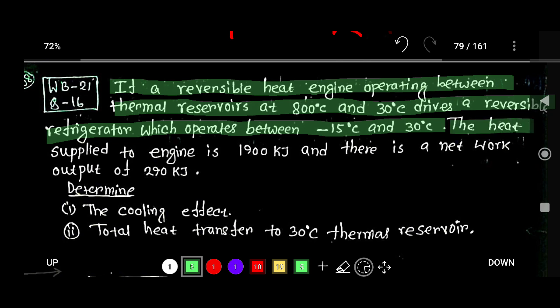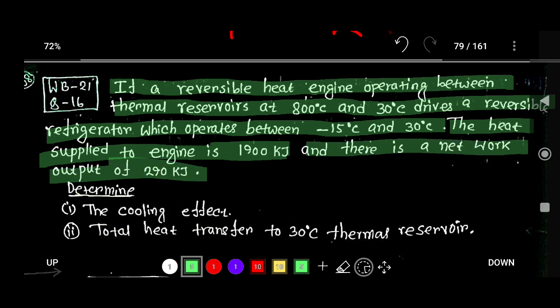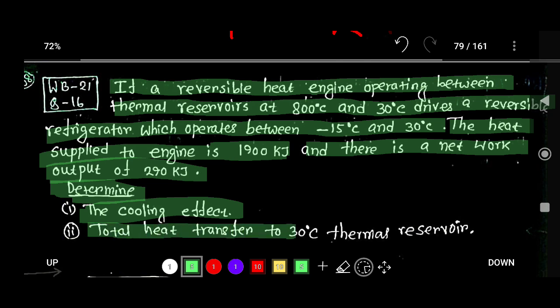The heat supplied to the engine is 1900 kilojoule and there is a net work output of 290 kilojoule. Determine the cooling effect, and second, the total heat transfer to the 30 degrees Celsius thermal reservoir. You have to find out these two to answer.